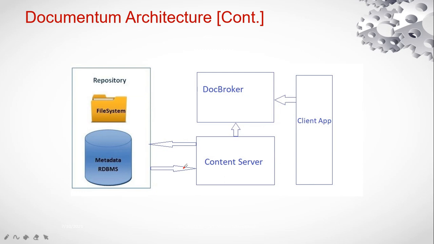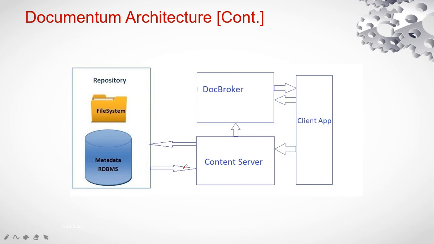Whenever the client application wants to talk to the content server, it will first talk to the docbroker, and the docbroker will return the content server details to the client application. Now the client application has the content server details that it got from the docbroker. Then the client application will talk to the content server.